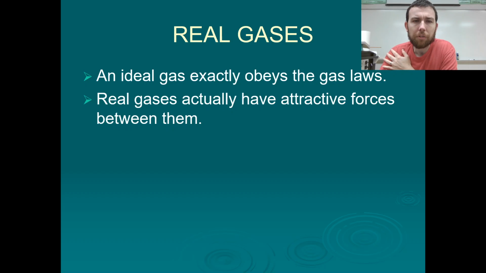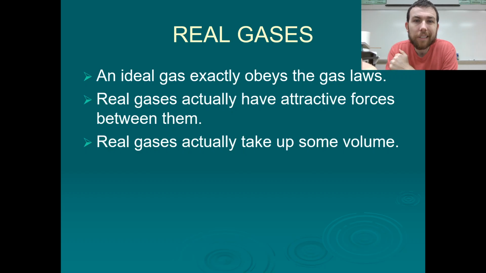But like I mentioned in the previous slide, real gases actually have attractive forces between them. So intermolecular forces are playing a part, in that there are these interactions between the individual atoms or molecules as they're moving around in their container. Additionally, they also take up some volume, right?